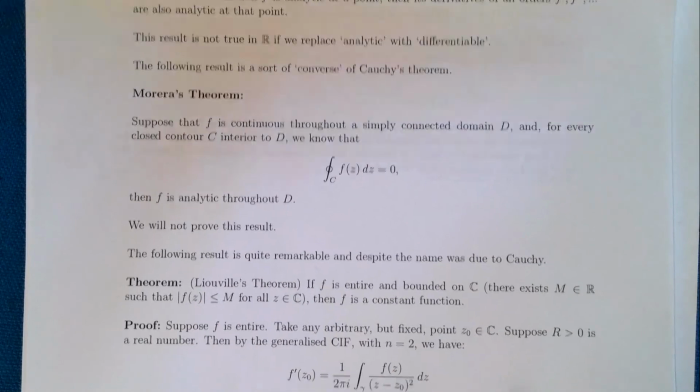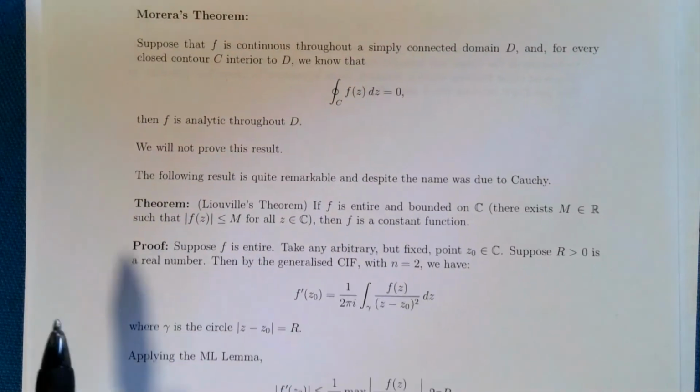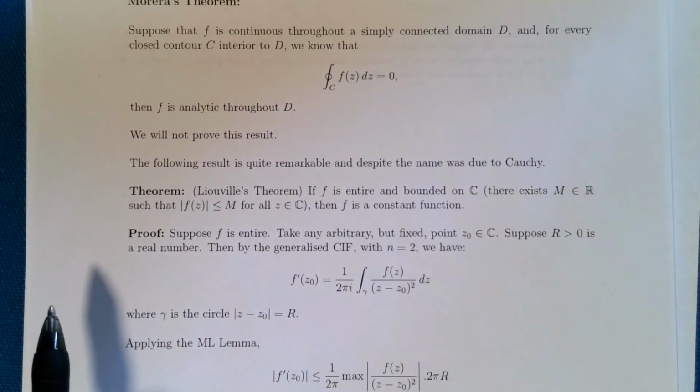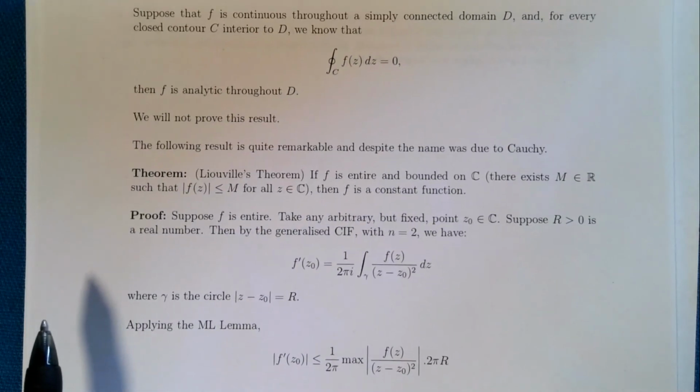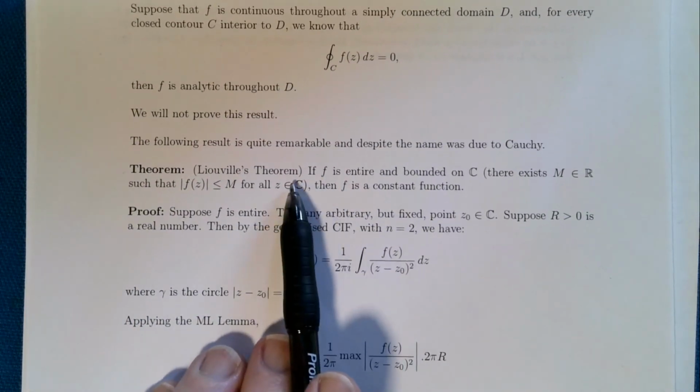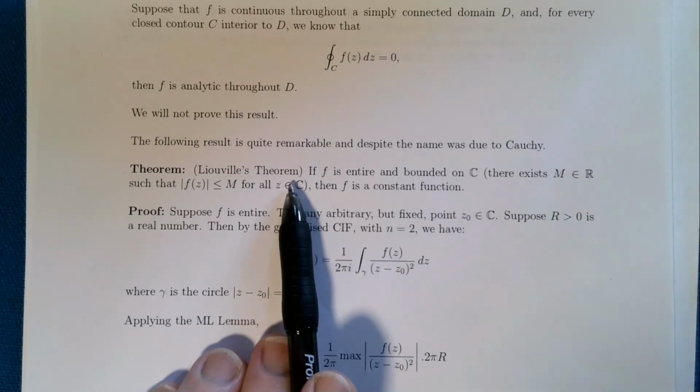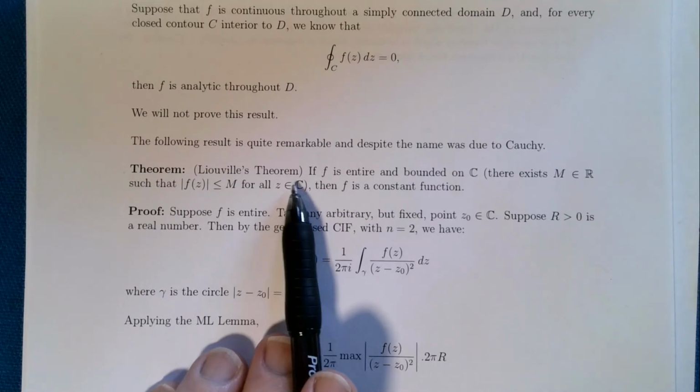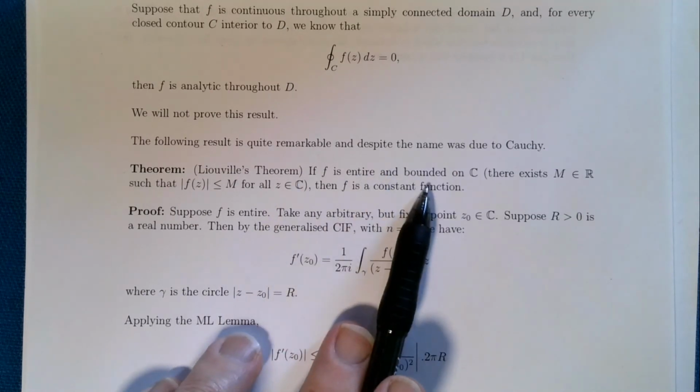The following result, however, is really quite stunning. It was actually due to Cauchy, despite the fact that it's called Liouville's theorem. And what it says is that if you've got an entire function, that is one which is differentiable everywhere, and you're told that it's bounded, well then immediately I tell you it can't be very interesting.